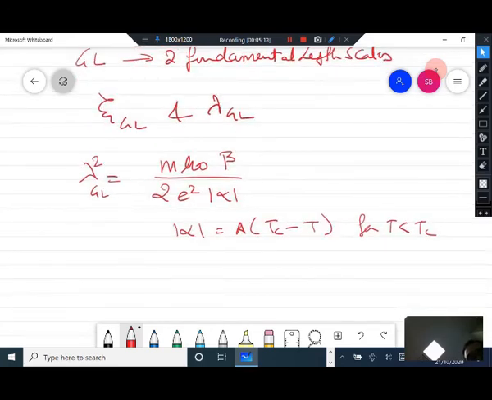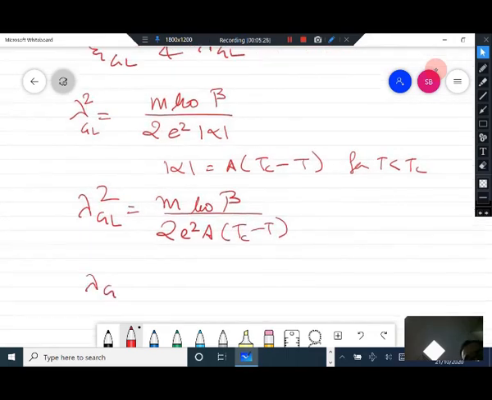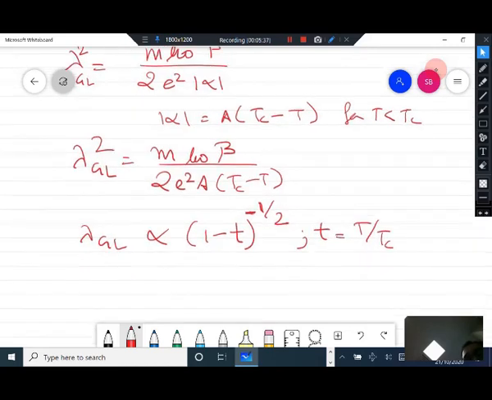So lambda GL square would be m mu naught beta by 2 e square a times Tc minus T, or lambda GL will be proportional to 1 minus t raised to minus a half, where t is equal to T by Tc. Okay, you can directly show it here. You take Tc out common and you will get this factor t.